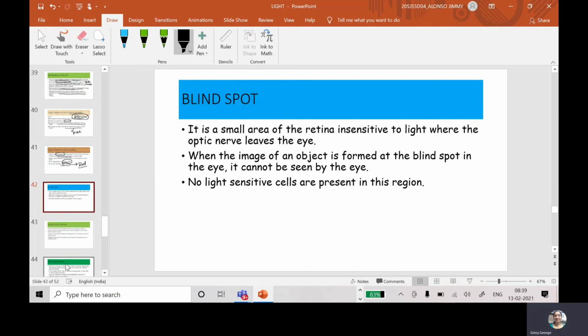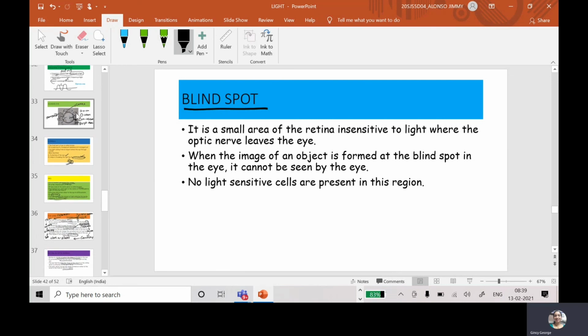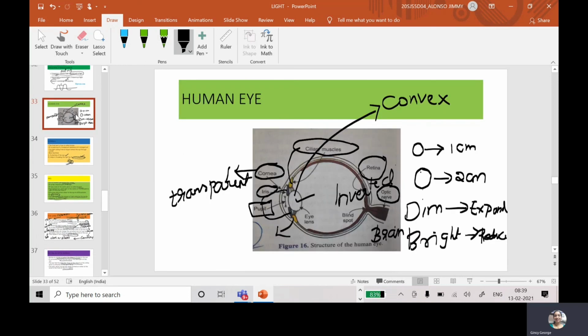Next, what is this blind spot? You have noticed one thing in your human eye structure located on the retina called the blind spot. I'll show you the picture once again to identify which part it is. Can you see here? Where is the blind spot located? The blind spot means a place on the retina where light sensitive cells are absent, a place devoid of light sensitive cells.